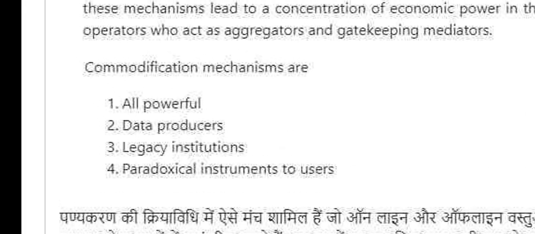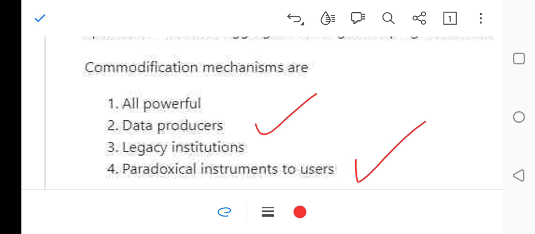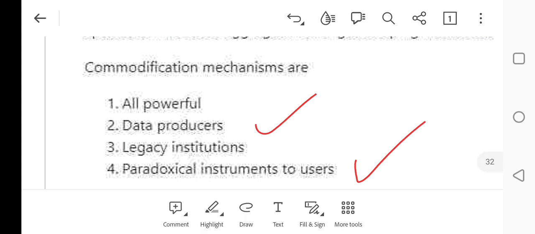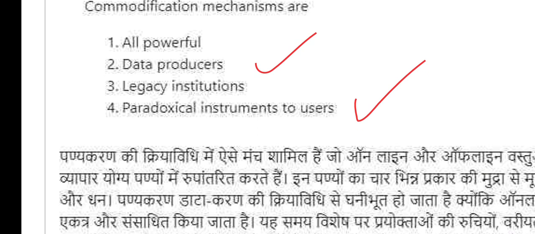All powerful, data producers, legacy institutions, paradoxical instruments to users. So according to me, it will be data producers and paradoxical instruments to users. But since this is a multiple choice question and we have to choose only one, I have no idea about it. According to you, you just choose one.